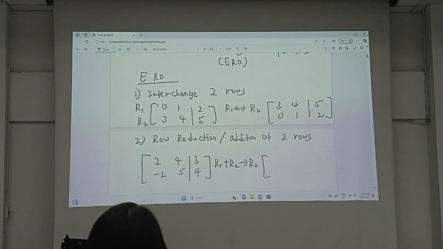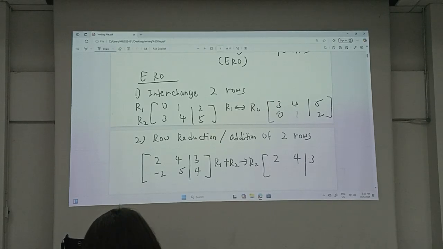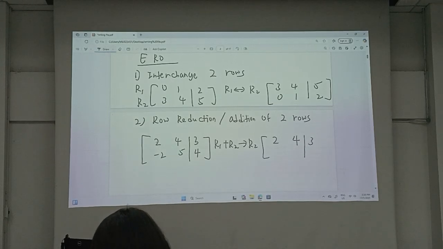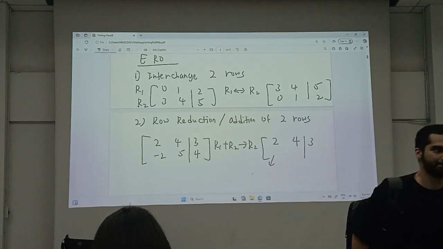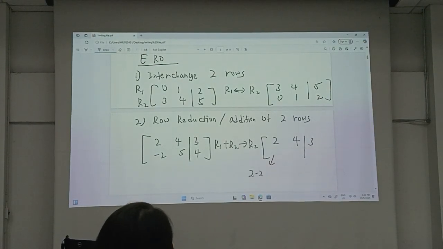The row number 1 remains unchanged. So how do we get the new R2? Here will be 2 minus 2, which is 0.